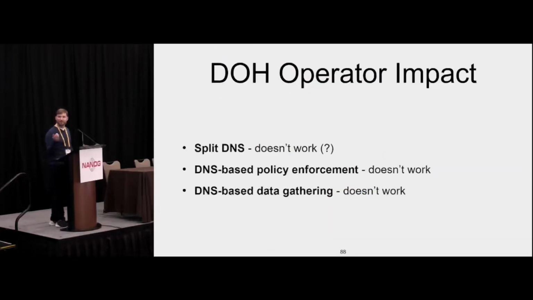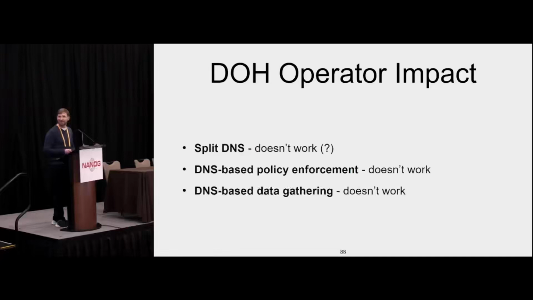So this is possibly a bit overly dismal of what the operator impact is, but I think it's best to have the worst case scenario. Split DNS, which many people would argue is a questionable idea anyway, certainly has the ability to break. And all of this depends on which DOE server you are connecting to. If you were operating a DNS over HTTPS server locally, and that was the exact same server that was being contacted before, then ostensibly nothing changed because you could still block someone from visiting illegal.example.com and so forth.